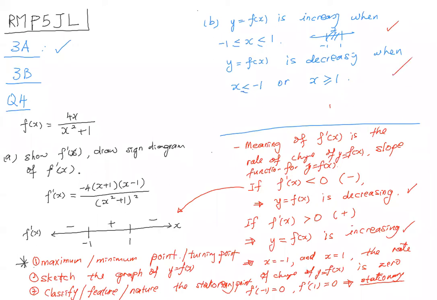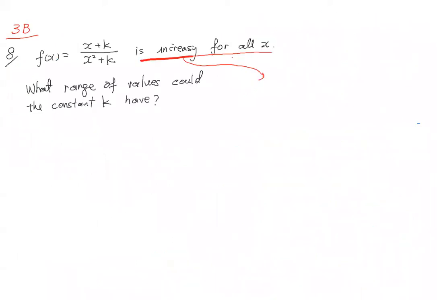Okay, so now for this question, based on this information, what should I do? Increasing, then the stationary point. No, what machine must I have?